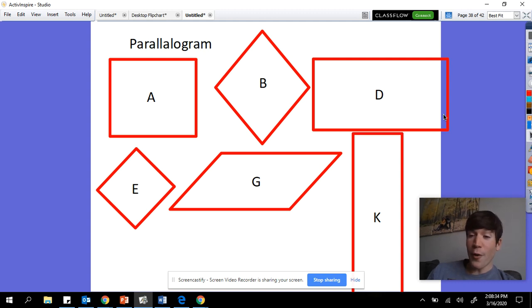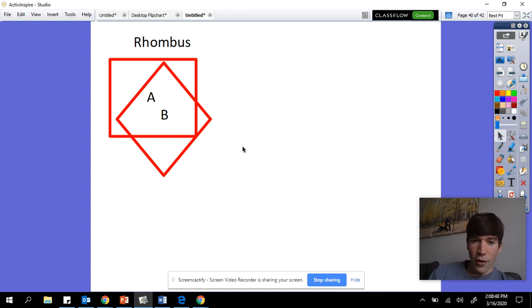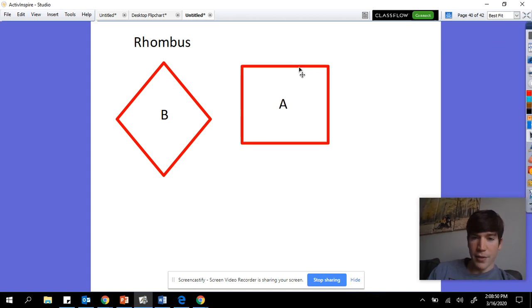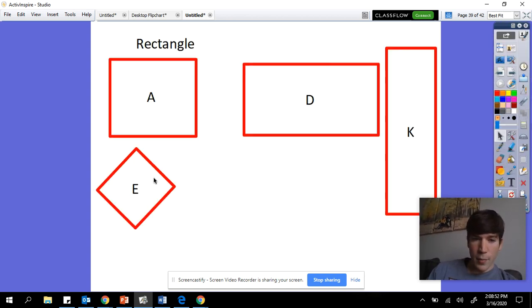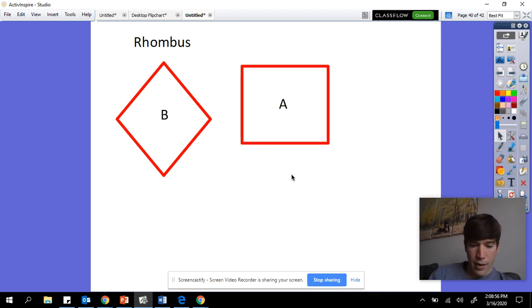Now, from here, we're also going to look and see, do any of our rectangles fit into that category of rhombus? Well, 2 of them do. A is definitely also a rhombus. Again, it has all 3 of those parts of a rhombus, and as well, E is also a rhombus.